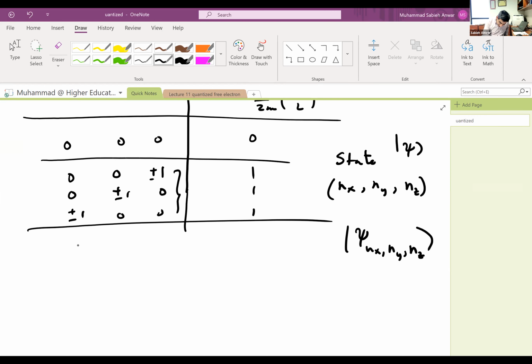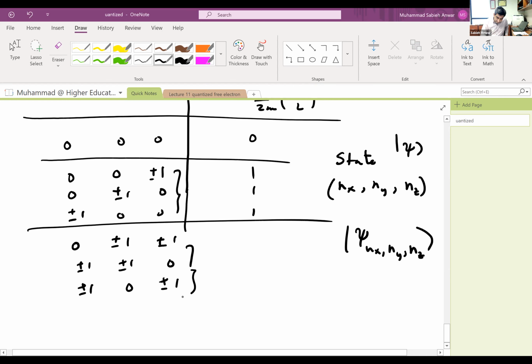Likewise, I can have this scenario. Now these are 12 different kinds of states.